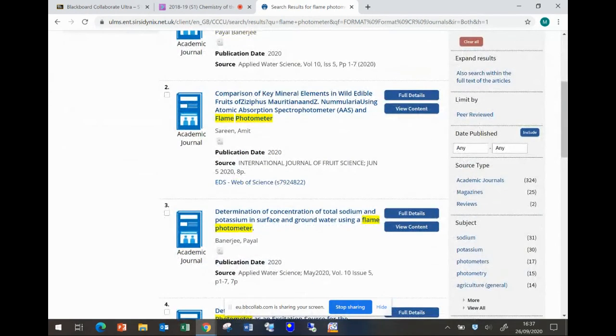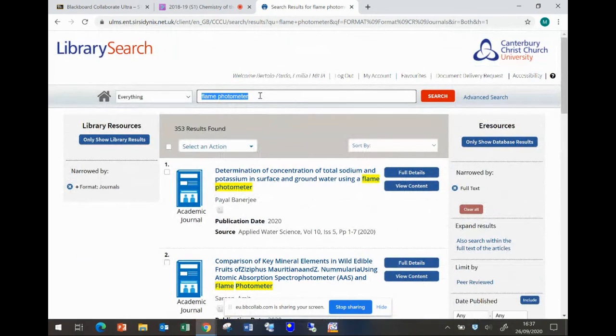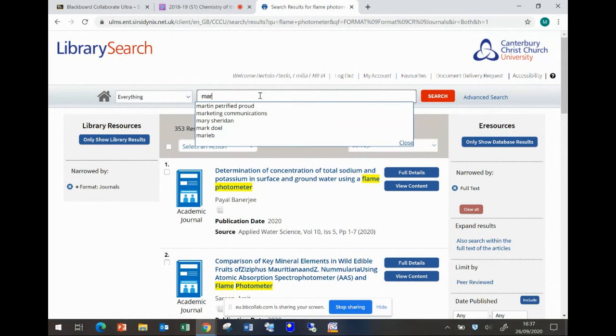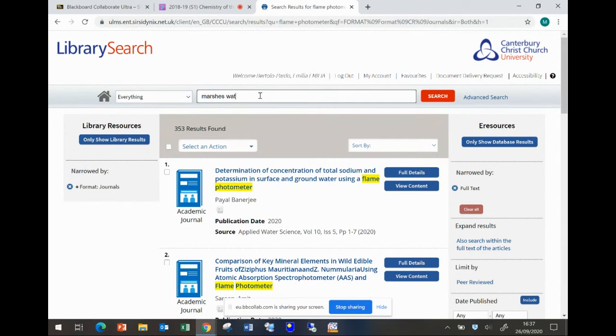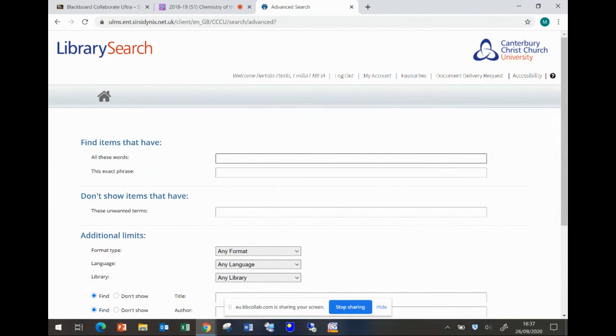So another thing I can try to find maybe something about marshes, water quality. But again, sorry, I was using the search everything, but what I want to use is library search.